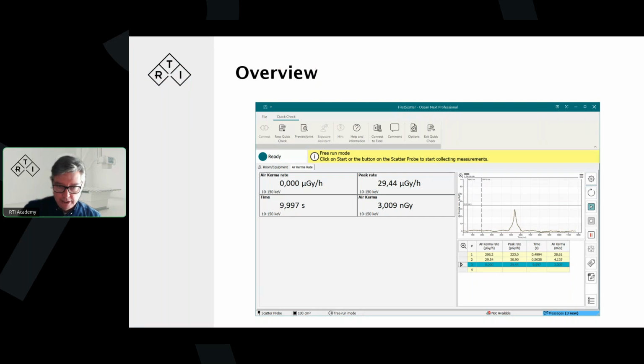If you're moving it across and there is a hotspot somewhere, or a small crack or defect in the door jam that lets some radiation escape, and you're moving it like this during an exposure, you may not pick up that dose rate level.